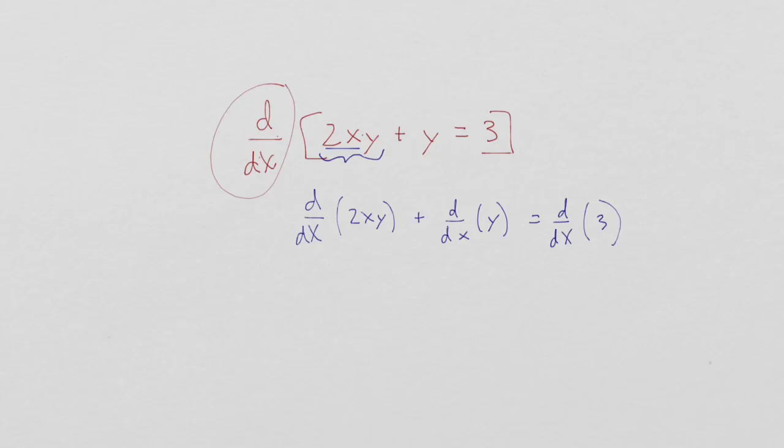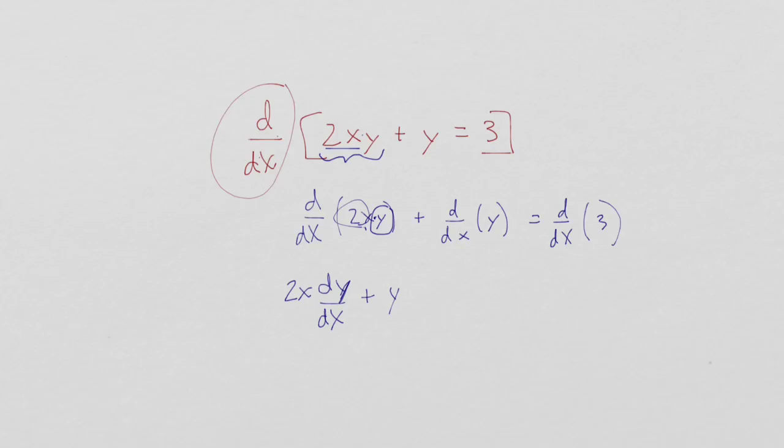And if we apply the product rule to 2x times y, we're going to have the first times the derivative of the second. And so we need to ask ourselves, what is the derivative of y with respect to x? And it's dy over dx. So that's the first times the derivative of the second, plus the second times the derivative of the first.